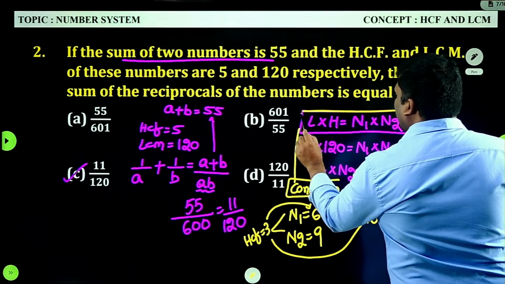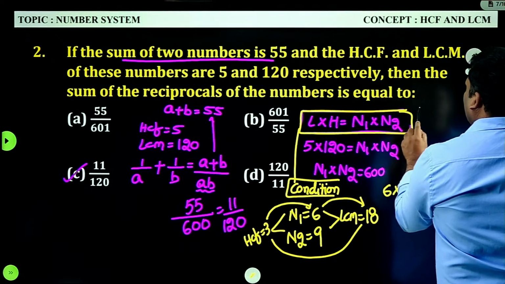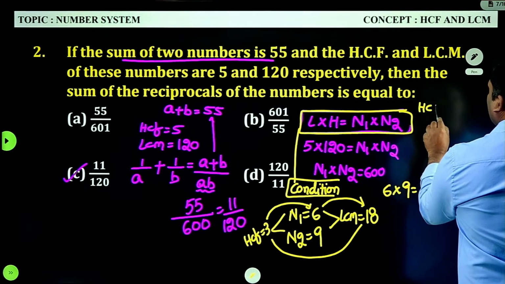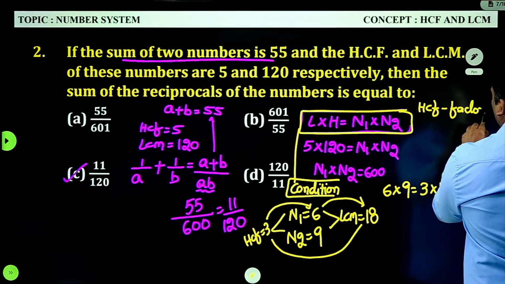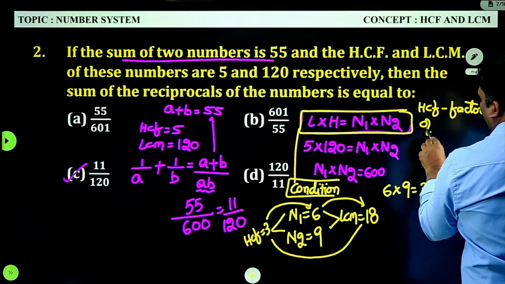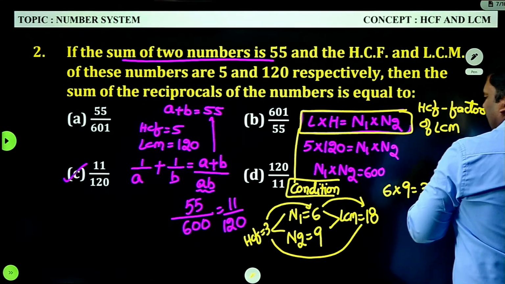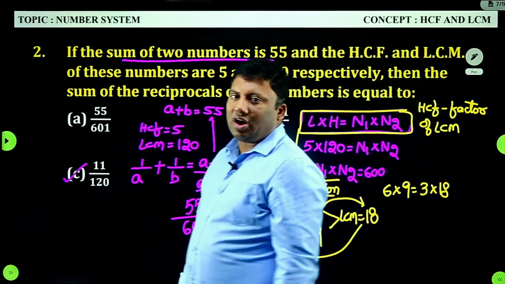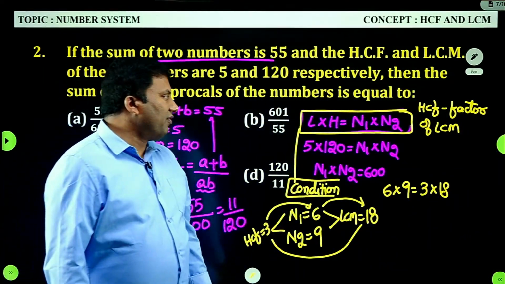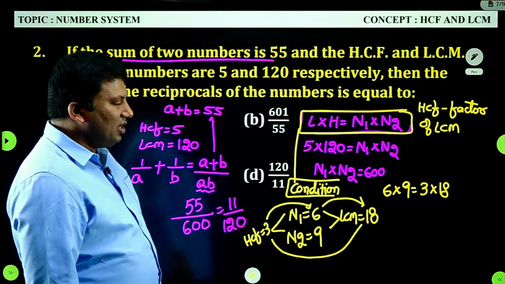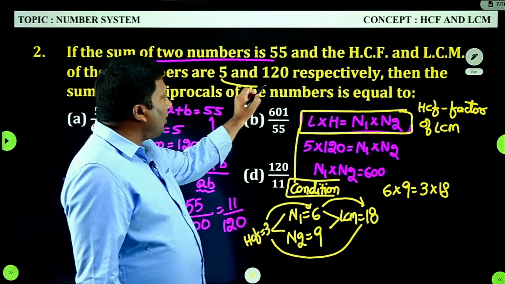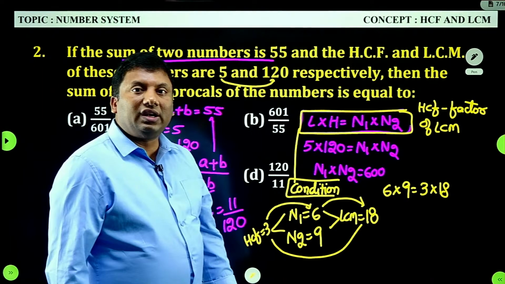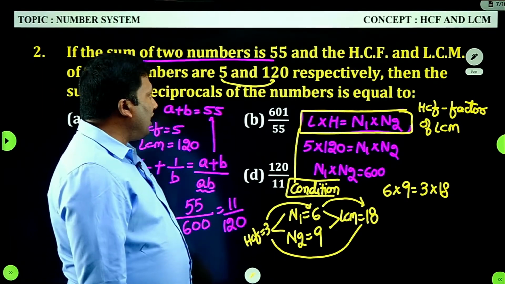This notation is used as long as it satisfies a property: HCF should be a factor of LCM. That is what I wrote in question number 1. Blindly don't use it. Here 5 is a factor of 120. 5 24s are 120, so there I used it.